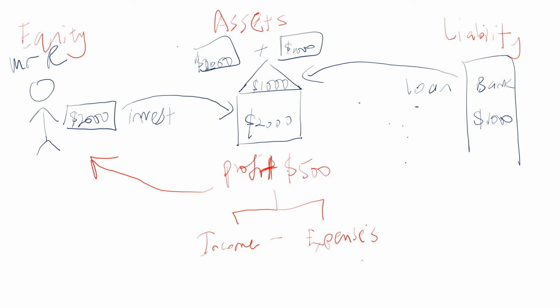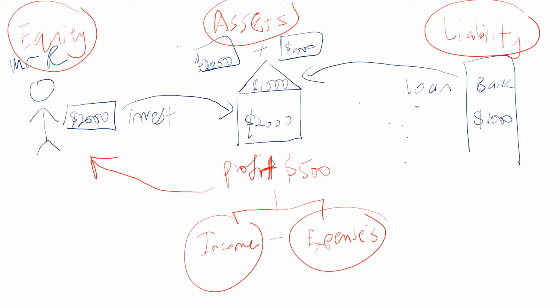So when your income is more than the expenses, then you have a profit. And that's where Mr. R, the investor, gets to keep. So these are the 5 elements that we talked about earlier and how they come into play.